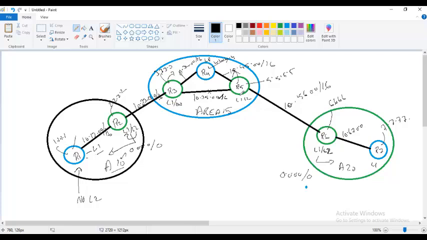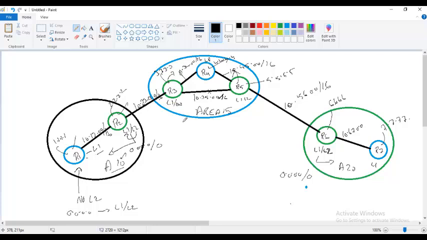In ISIS, by default, there are stub areas. That's the big advantage of ISIS. You don't need to struggle a lot to configure stub area. When you disable L2 on R1, R1 will get only a default route pointing towards L1, L2 router. And L1, L2 router knows the routes to reach other area network. So L2 router can reach.